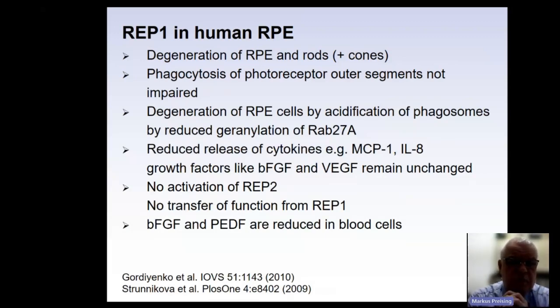If the function of Rep27A is not correctly provided in the human RPE, we have acidification of the phagosomes. We have reduced release of cytokines and growth factors, especially BFGF and VEGF, which can be shown also in blood cells as a functional assay of the Rep protein.